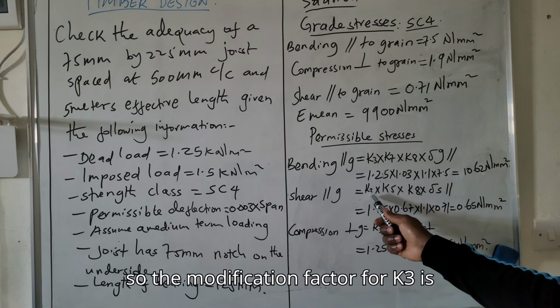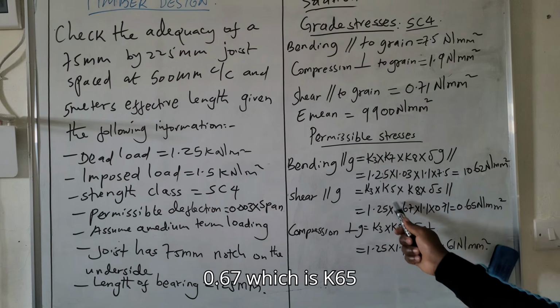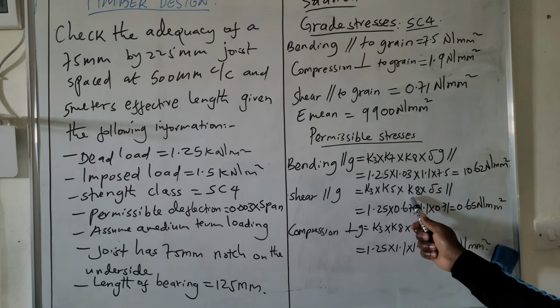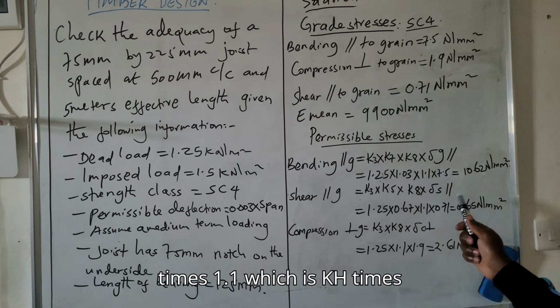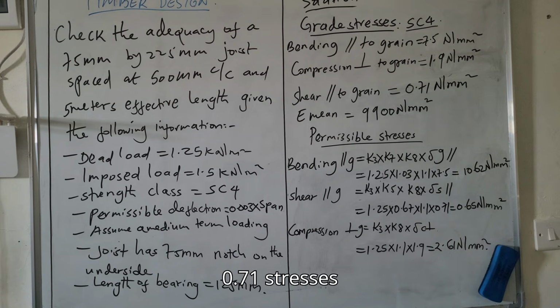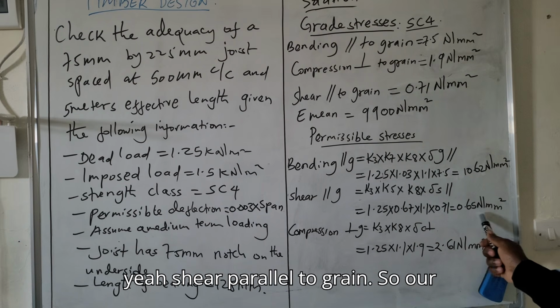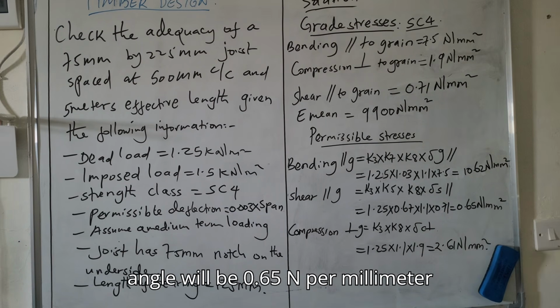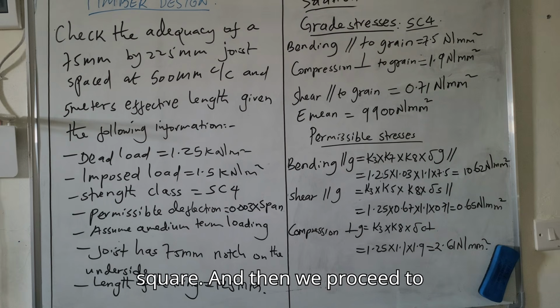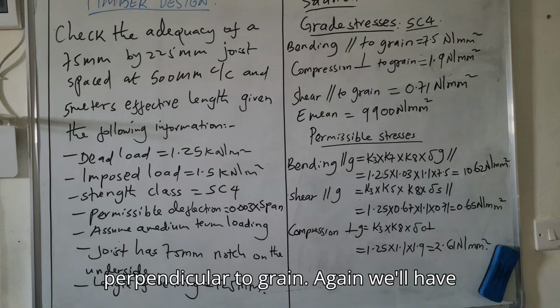So the modification factor for K3 is 1.25 times 0.67, which is K5, times 1.1, which is K8, times 0.71, stresses shear parallel to grain. So our answer will be 0.65 Newton per millimeter square. And then we proceed to compression perpendicular to grain.